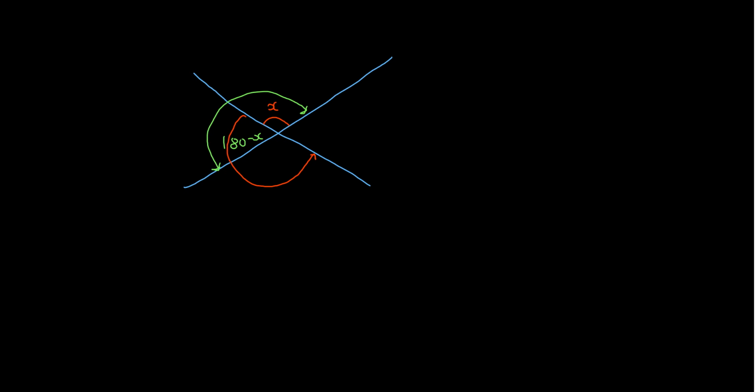I know that this is 180 minus x, so I've got to take that away from 180, and I get, let's do the algebra here, 180 minus 180 minus x, which equals 180 minus 180 plus x. These cancel out, and that's just x. And we can see our vertically opposite angles are in fact equal, which is what we wanted them to be.